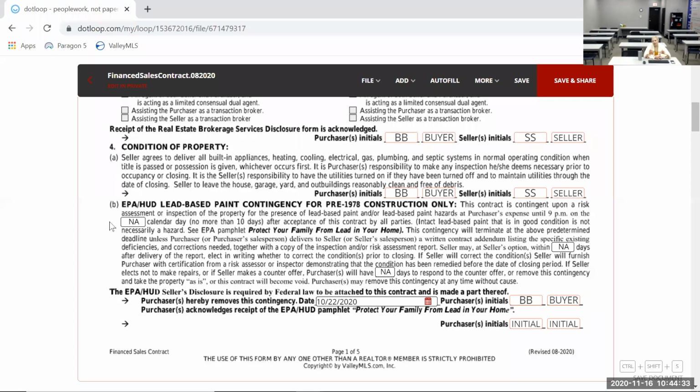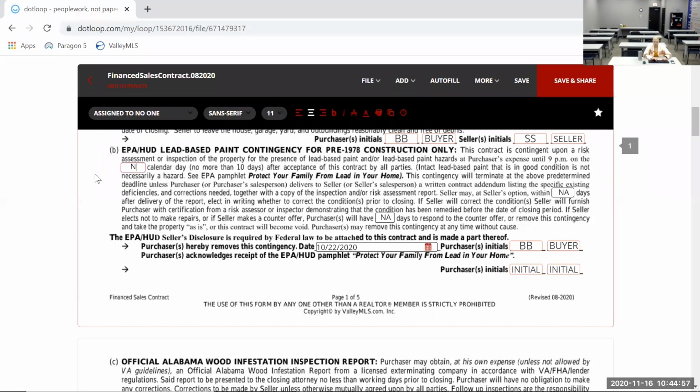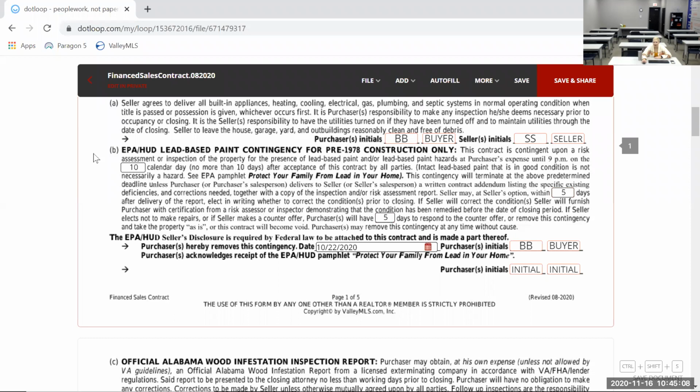Lead-based paint. Lead-based paint is for pre-1978 construction. If you have a home that is pre-1978, there is also a lead-based paint disclosure that you would have to have and have filled out by the seller and the purchaser. So if it is pre-1978, you would simply put 10, 5, and 5 in these blanks right here. 10, 5, and 5.